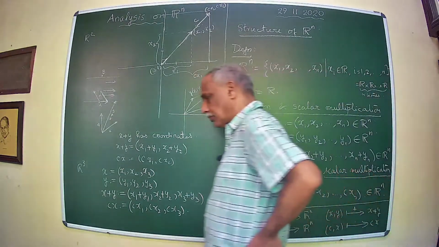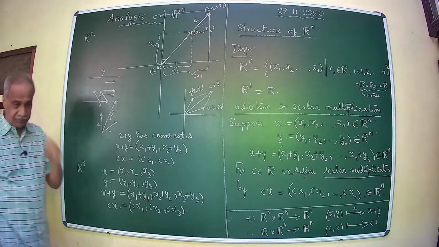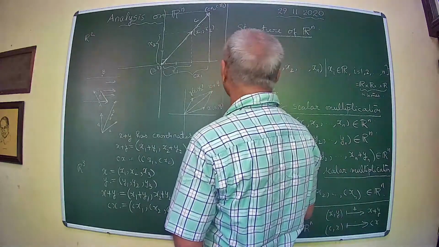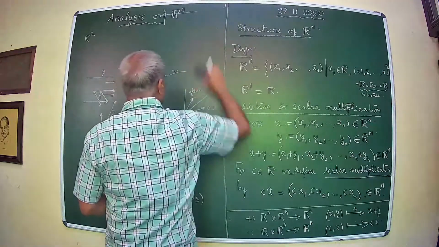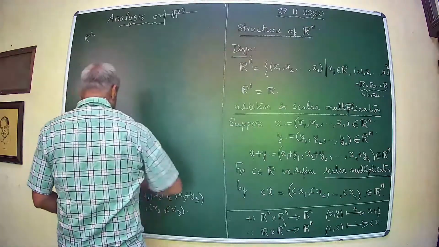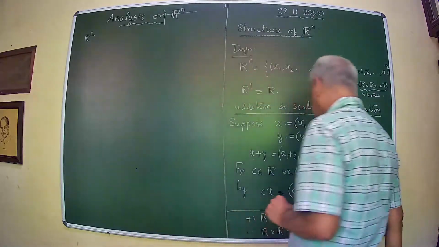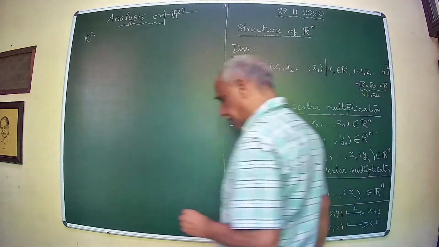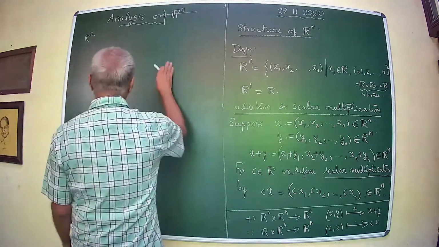Now naturally you ask, what are the properties of these maps? The first thing you observe, without going into the details, is that addition is a binary operation, and for c belonging to R and x belonging to Rn, cx is a vector in Rn. So these properties are there.